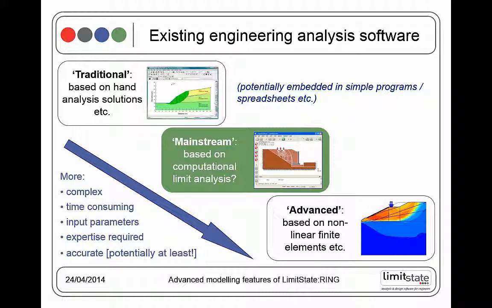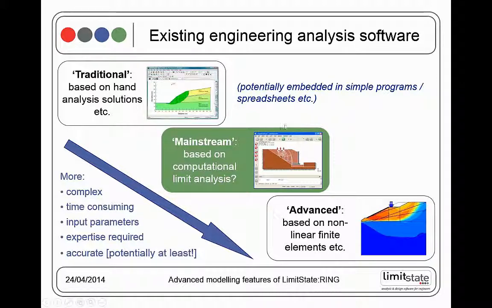The main benefit of computational limit analysis is that we can have arbitrary geometries, we can identify arbitrary failure mechanisms, but we can do that pretty much instantaneously. So we have the usability associated with traditional tools, but with a good deal of the power that's associated with advanced tools.